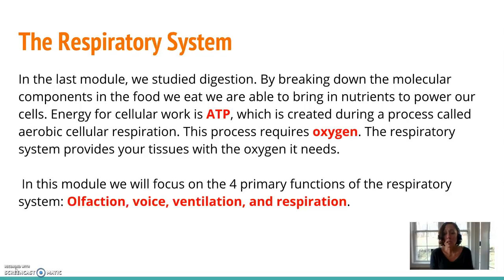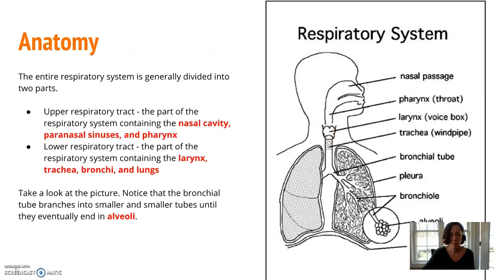So this week we're talking about how the respiratory system provides the tissue with the oxygen it needs to be able to make ATP. So in this module, we're going to also focus on 4 primary functions of the respiratory system. You have olfaction, voice, ventilation, and respiration.